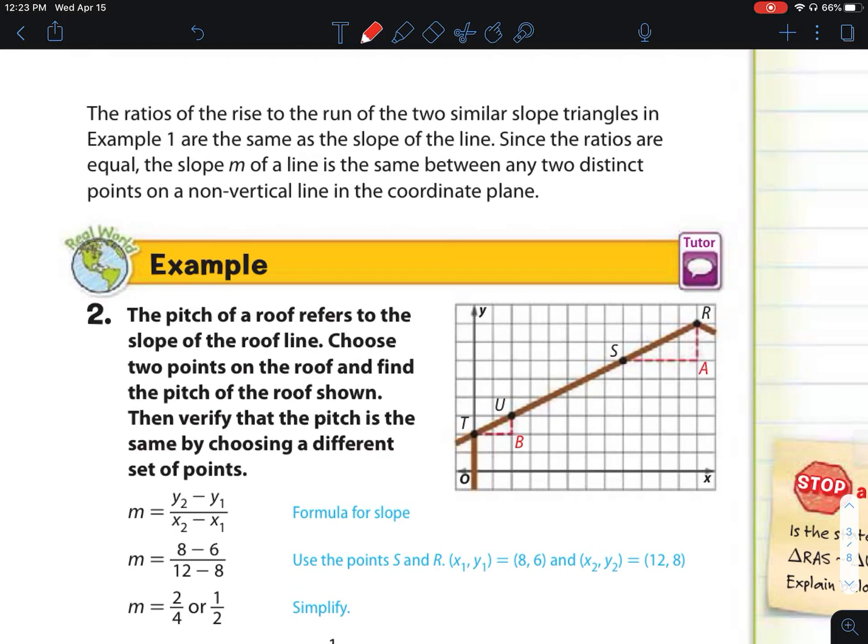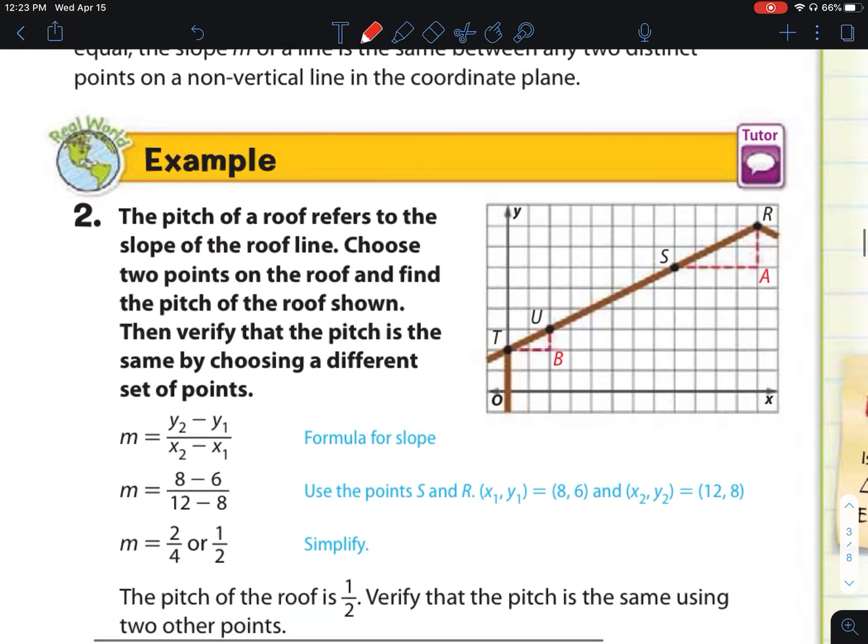So basically what it's saying is the ratio of this triangle right here compared to the ratio of this triangle right there is the same. So if you find the ratio of rise over run of this small triangle and of this triangle, they should be equal to each other.